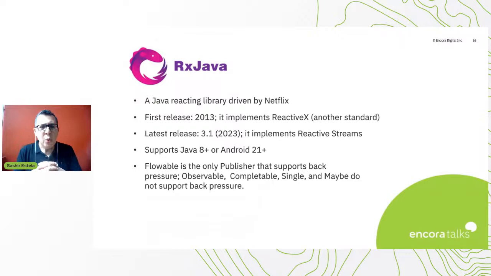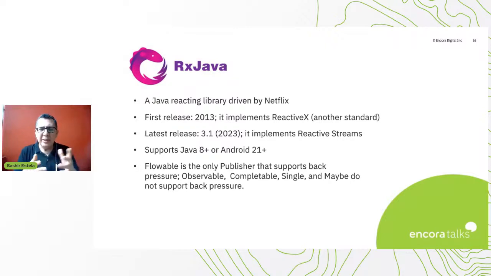Now let's review the most prominent implementations of the Reactive Streams standard. The first of them is RxJava. RxJava is a Java library created by Netflix. The first release was in 2013. At that moment, it was implementing another standard, the Reactive Extensions standard.